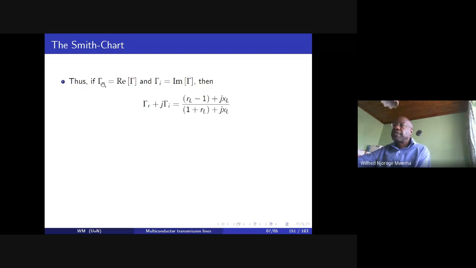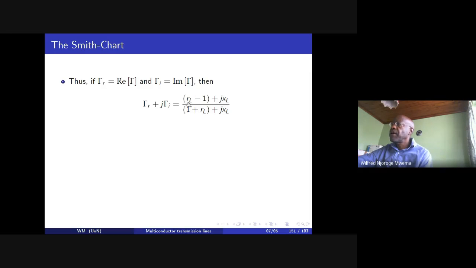So if we take the real part of gamma to be gamma R and the imaginary part to be gamma I, then we can write the reflection coefficient in Cartesian form as gamma R plus J gamma I equal to RL minus 1 plus JXL over 1 plus RL plus JXL, where what we have just done is divide through by Z naught everywhere in the equation ZL minus Z naught over ZL plus Z naught.